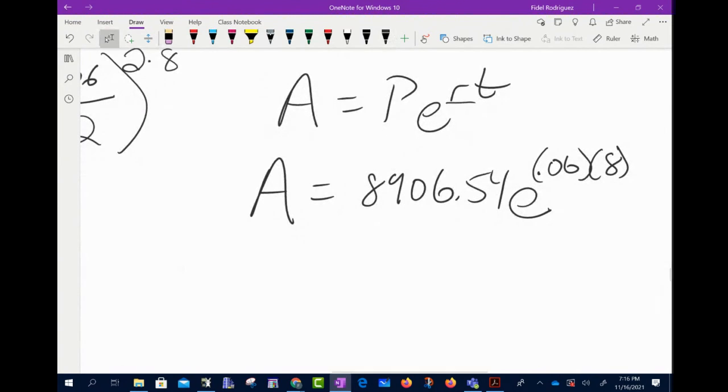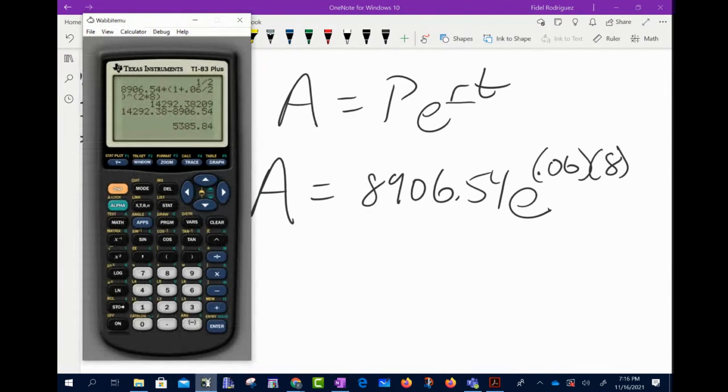Just like the way I have this written here, is the same way I'm going to enter it on my calculator. So I'm going to type 8906.54. Now, the way I get to my e, at least on my calculator, if you look directly above the LN button, there should be a little e.